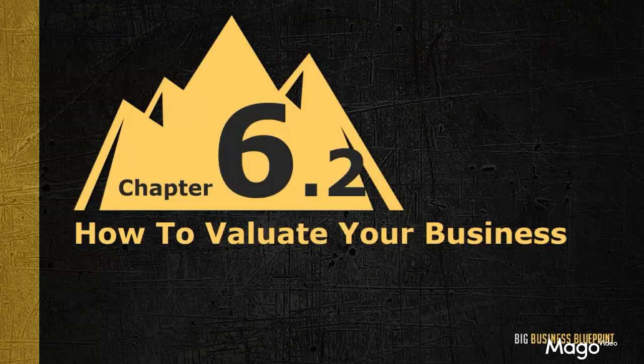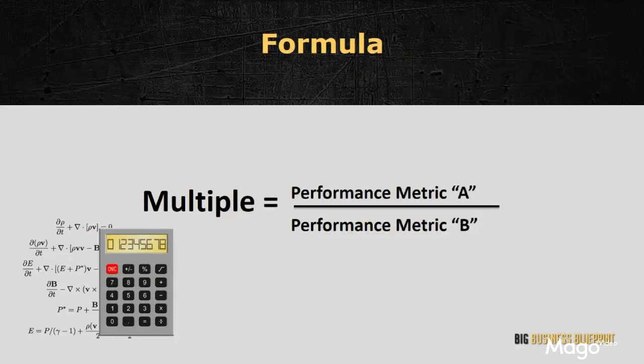Okay, how to evaluate your business. A multiple is calculated as multiple equals performance metric A over performance metric B. A multiple can be used to show how much your business is worth in the market and how much you'll be able to make by selling your business away. For example, using the P over E ratio, if you plan to sell your company at a 12x multiplier, how much will the price be?